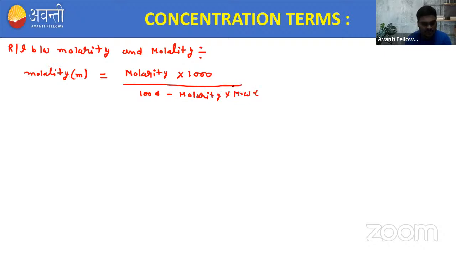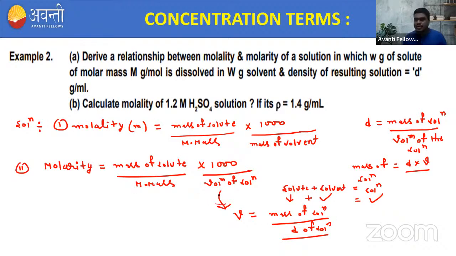We can calculate by using this standard formula as well. If you want to calculate by using this formula, or you can use the other relation, it's up to you. I always suggest to use the relation because it is simple and easy to understand.